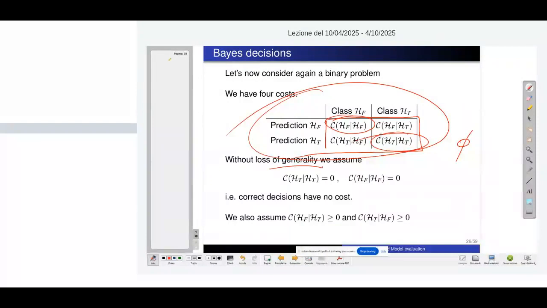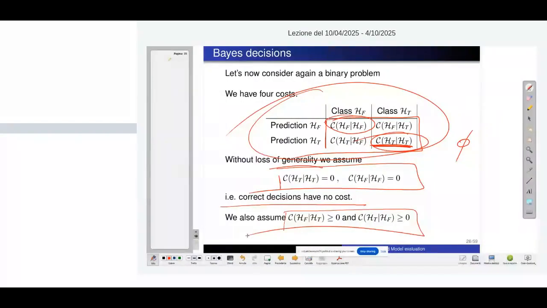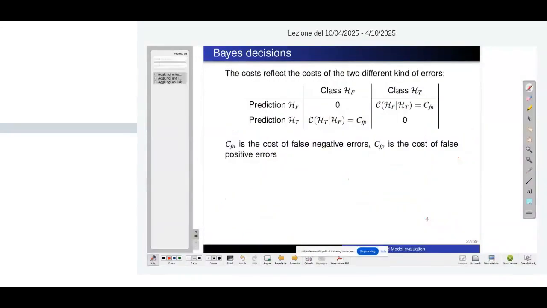So correct decisions have no cost, and we also assume that the costs of the errors are greater than 0. Again, we can show that this is not a limitation, but the reason we do it in this context is that it's easier to understand.